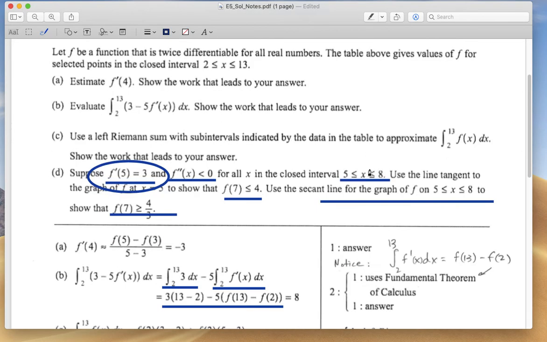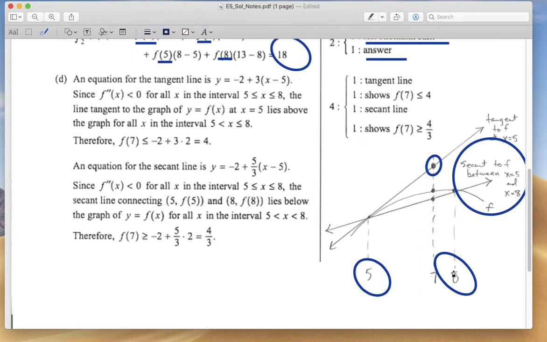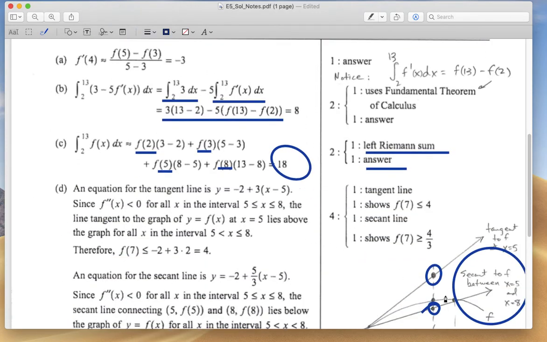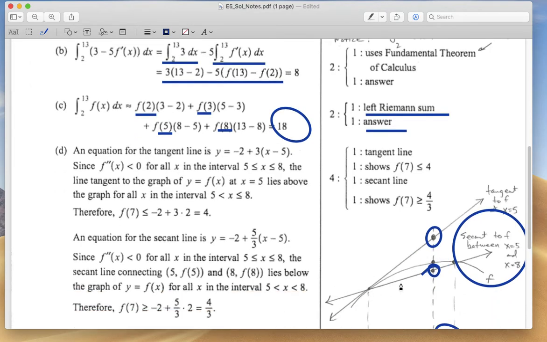So, I can find the equation of the secant line, and if I plug 7 in for x and find the y-coordinate of that point, the point on the secant line, guess what? I get 4/3. And by the picture, you can see, of course, the function value is in between, so the function value is smaller than 4 and bigger than 4/3.